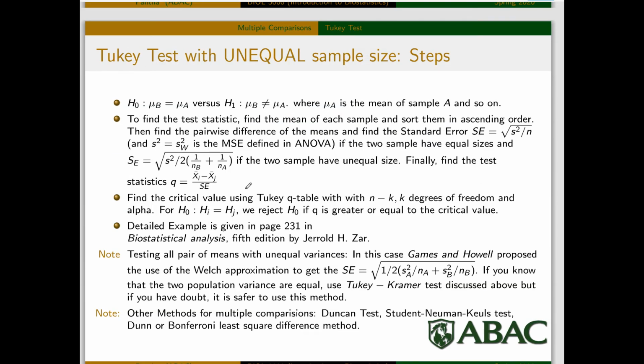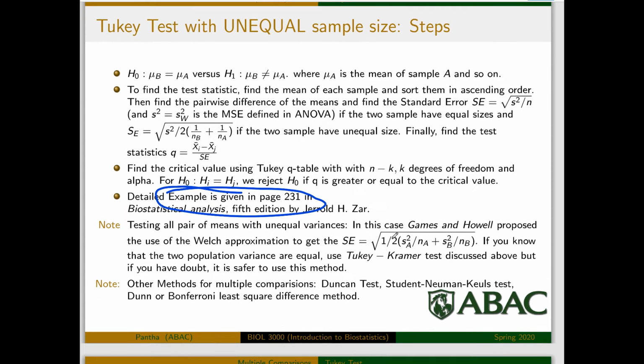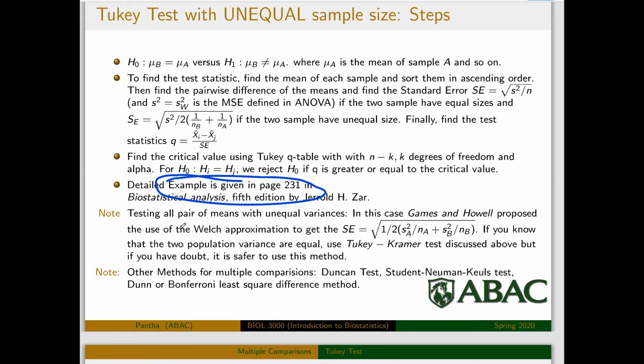If you want to see one example of the Tukey test by hand, you can look at our textbook, page number 231. Look at that example. Testing all pairs of means with unequal variances: in this case, Games and Howell proposed the use of Welch's approximation to get the standard error as that value.